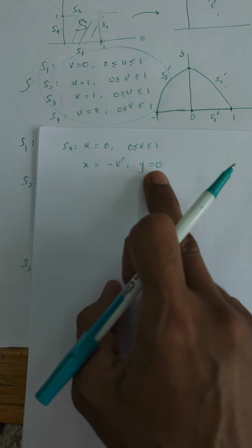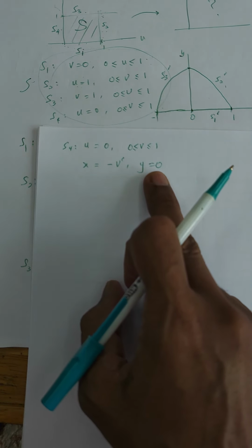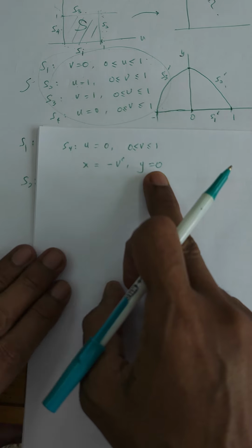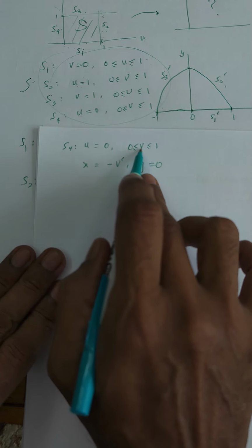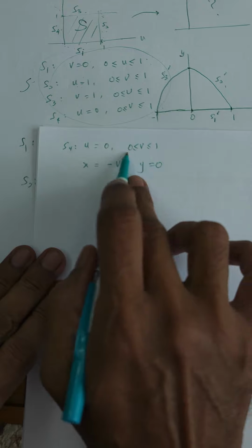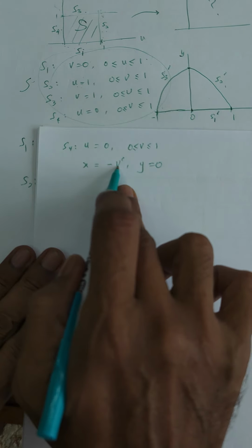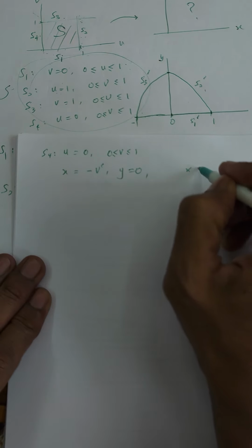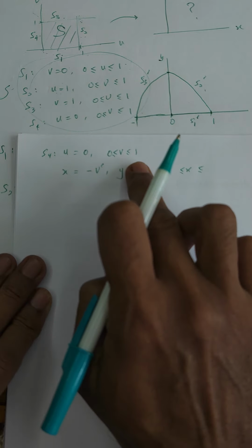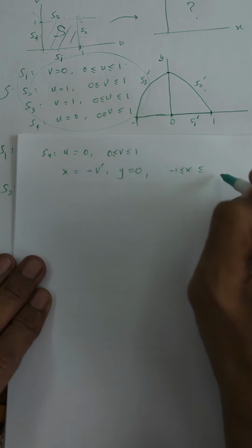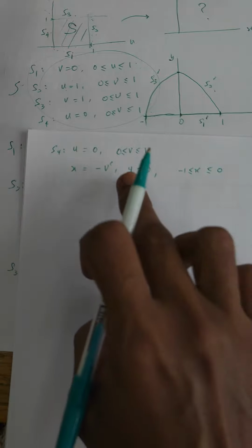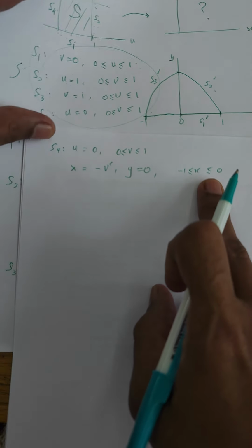Y equal to 0, this is on the x-axis, and if you substitute V from 0 to 1 into here, we have X between minus 1 and 0. So Y is 0, X from minus 1 to 0.